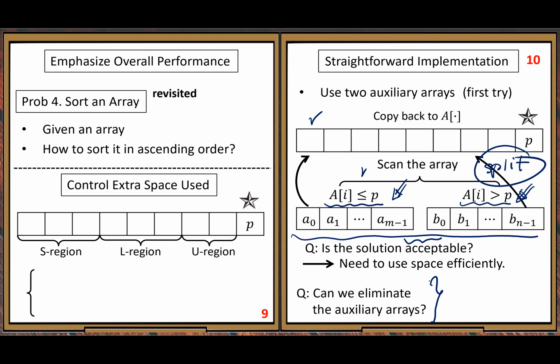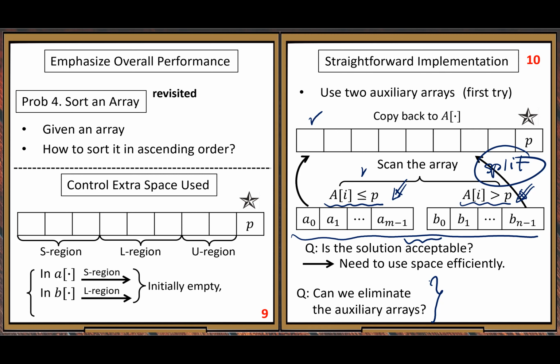Now let's look at the states during the process. The A subarray here corresponds to the S region. The B subarray corresponds to the L region.